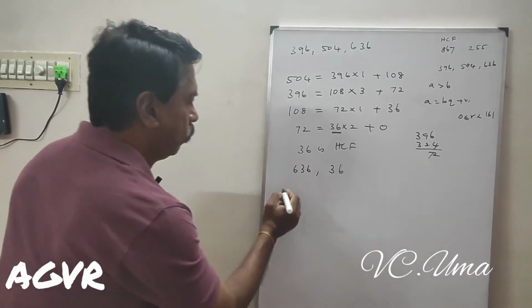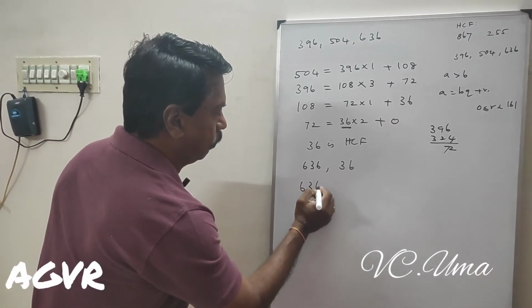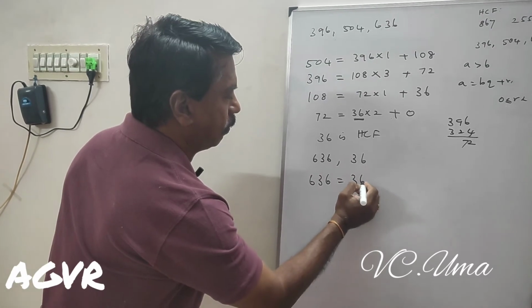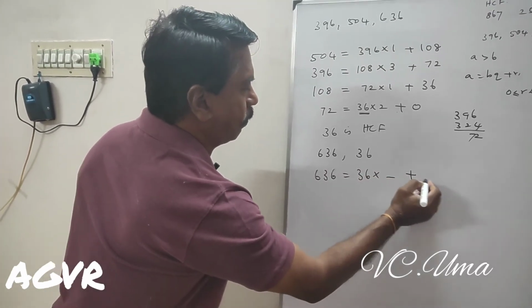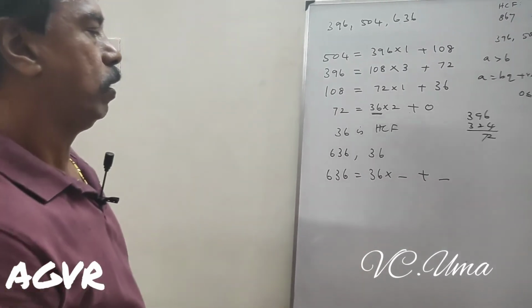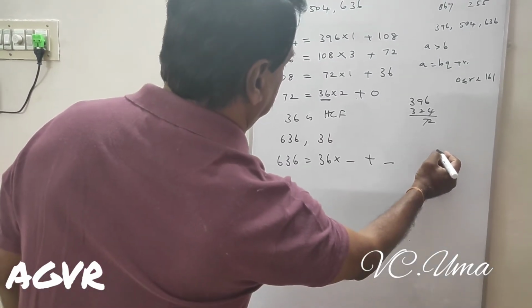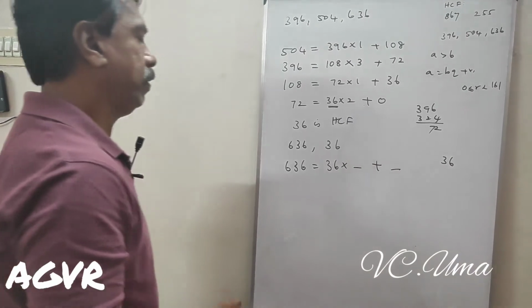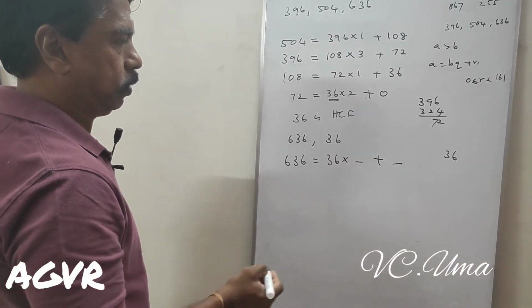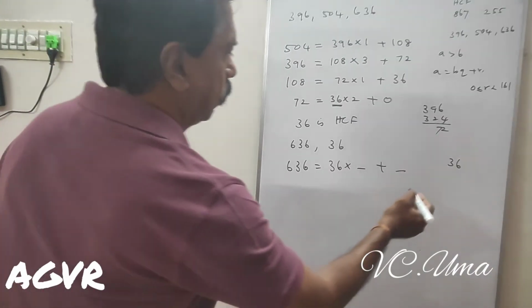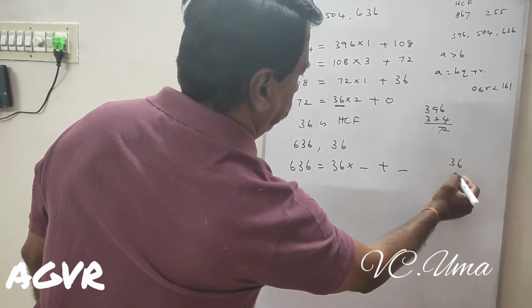Now 636 can be written as 36 into a certain number of times plus a remainder. 36 into 20 times gives 720, so we get something around 18 times.